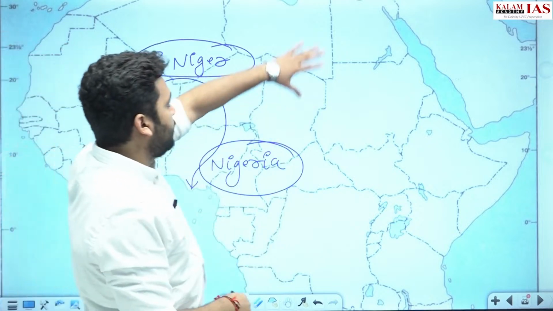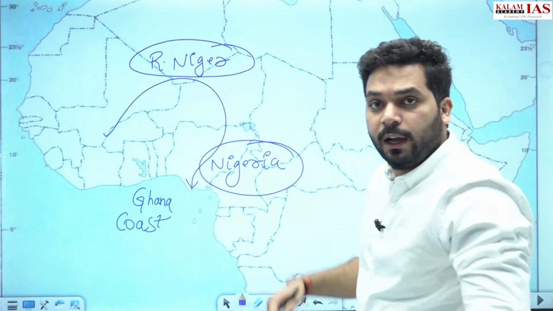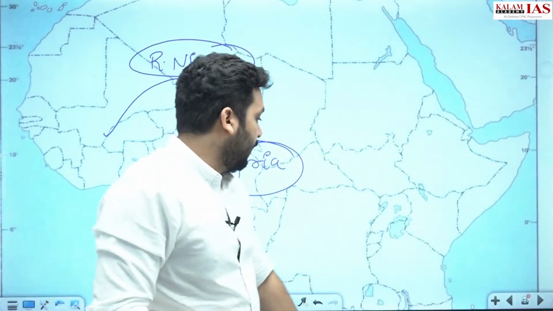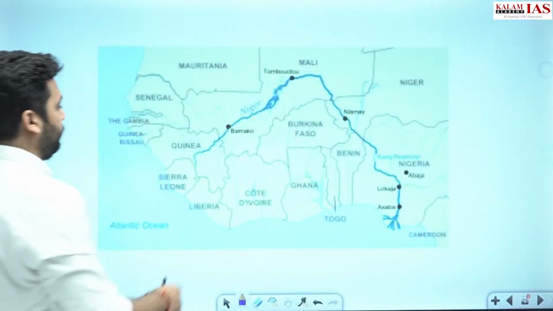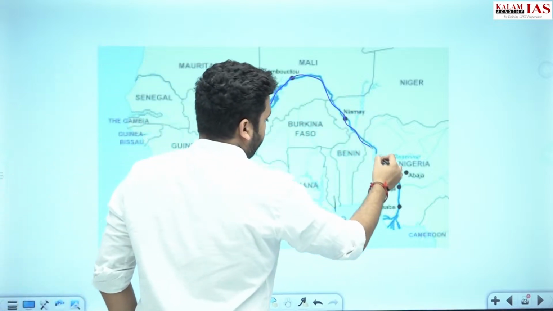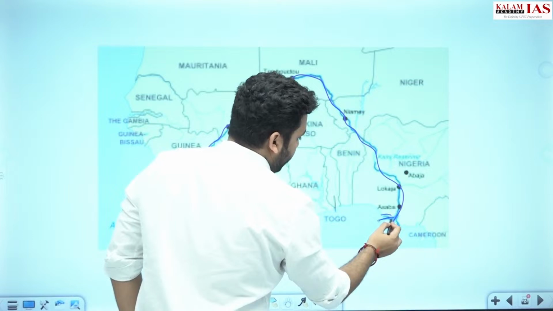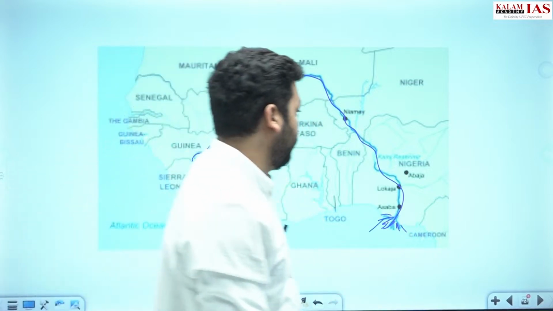So we discussed the Nile River, the River Congo, and the third important river is the River Niger. As you can see, this is the flow of the River Niger, draining out from Nigeria into the Atlantic Ocean.